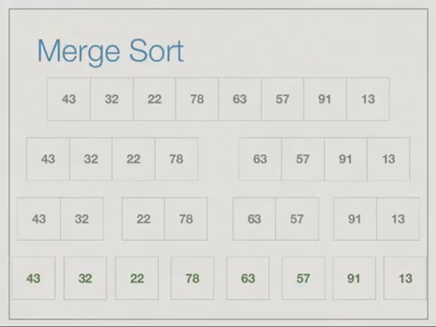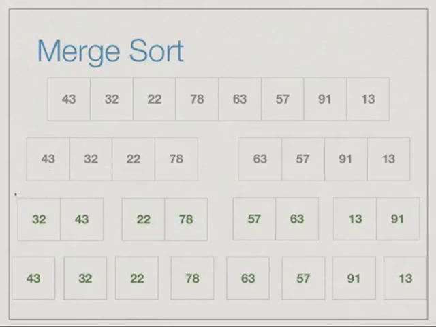At this stage, the recursion comes back and says, okay, you have sorted the sublist 43, for example, for this list. We have sorted the left into 43 and the right into 32 in a trivial way. So we need to combine them by merging. So we merge 43 and 32 applying our merge procedure, and we get 32 before 43. When we merge 22 and 78, they remain in the same order. Here 57 comes before 63, and finally 13 comes before 91.